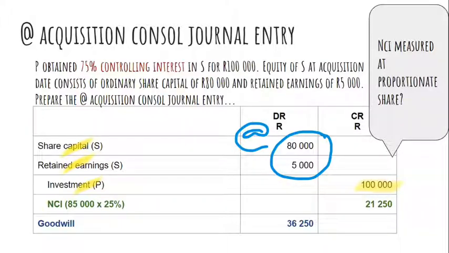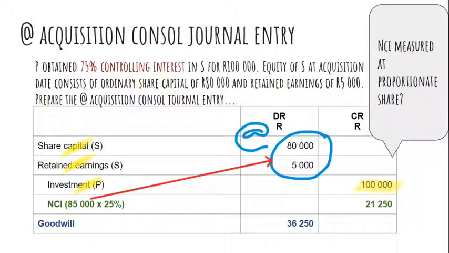On top of that, the parent measured NCI at their 25% of the 85,000 Rand. So NCI is now recognized as an equity item, a credit leg, with 25% of this 85,000 Rand at acquisition date. So what we are doing here is we are moving out of this at-acquisition equity of S a 25% proportionate share and giving that to NCI as their starting balance.